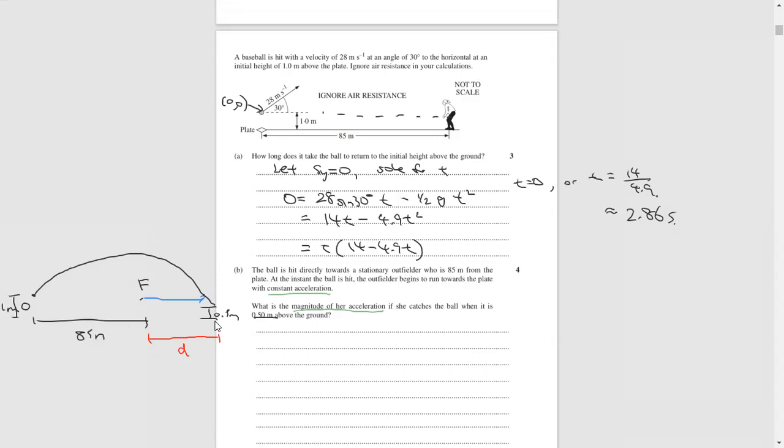So we'll do the same thing again, except this time we let sy equals negative 0.5. It's gone down. And so negative 0.5 equals 14t minus 4.9t squared. We can move everything to one side: 4.9t squared minus 14t minus 0.5 equals 0, and times everything by 2.